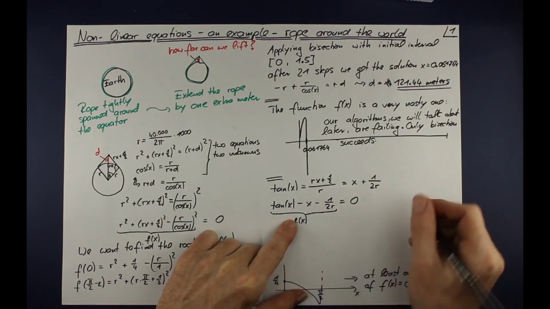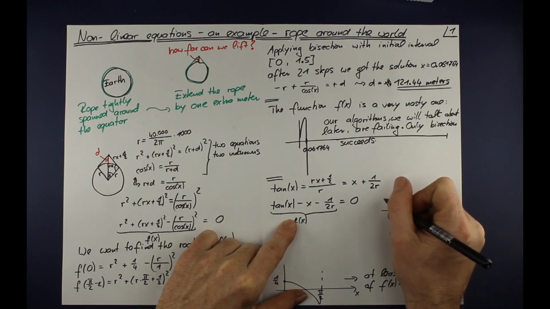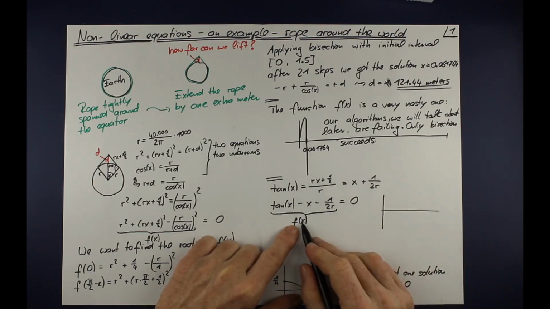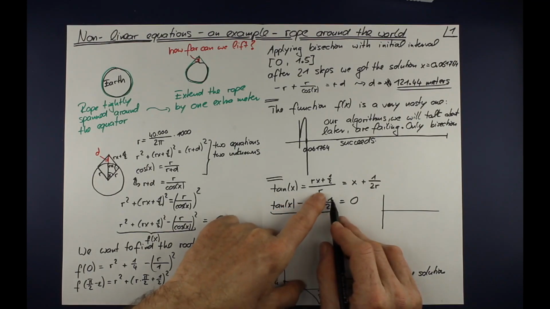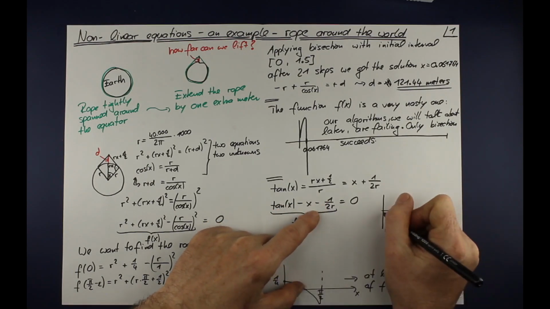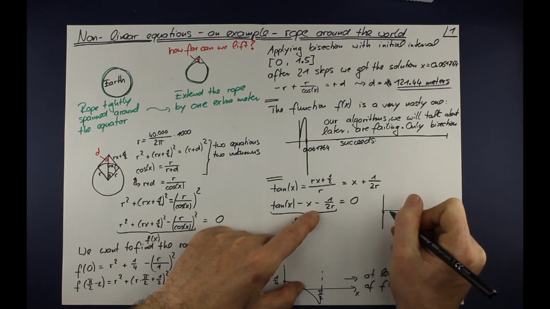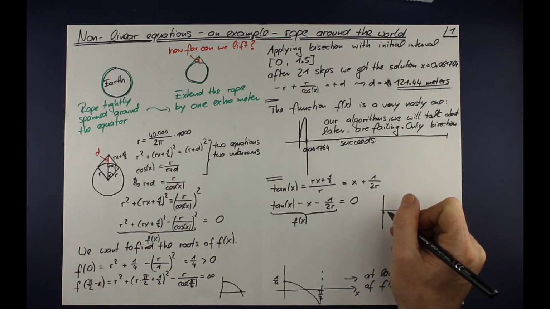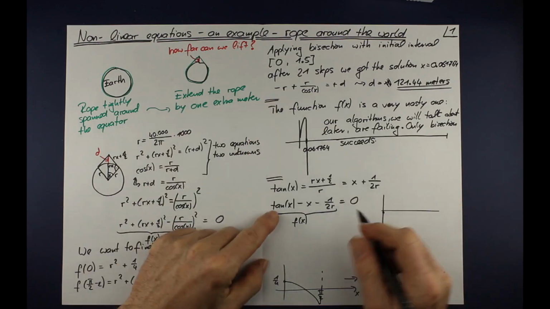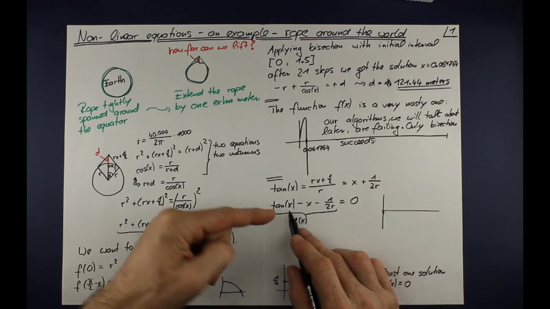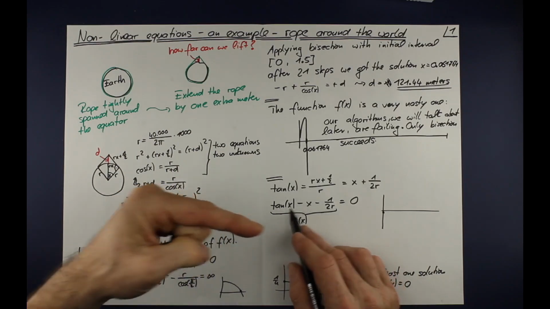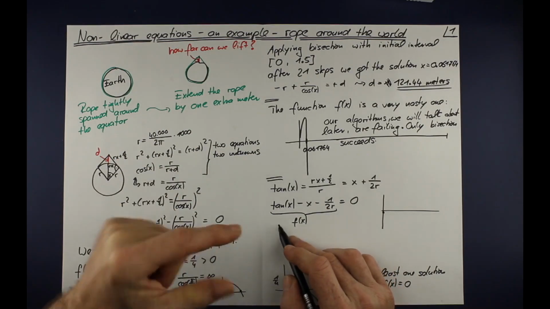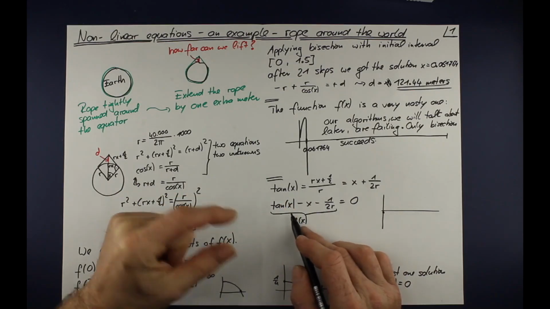And this function is of the following kind. F of 0 is 0 minus 1 divided by 2r, so a value very close to 0, but a negative value. And the derivative of that function is 1 divided by cosine squared minus 1. 1 divided by cosine squared is more than 1, minus 1 is more than 0.